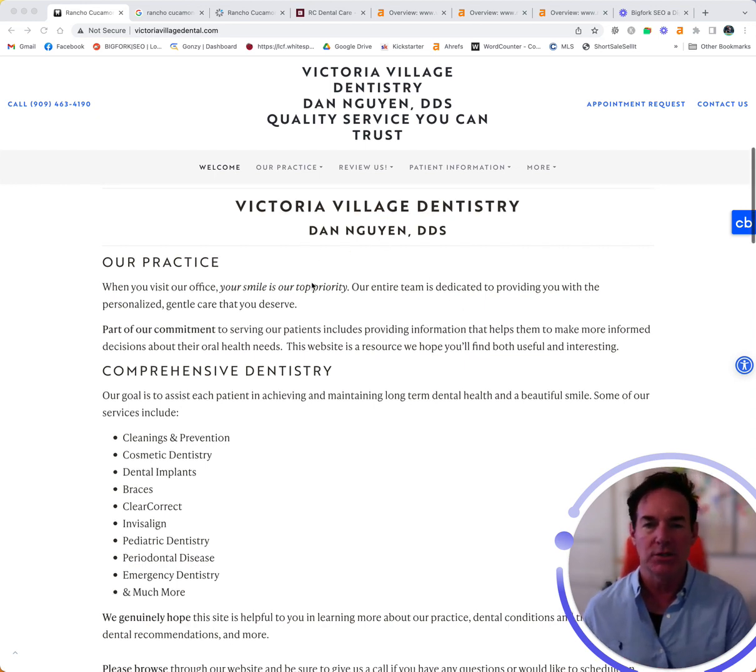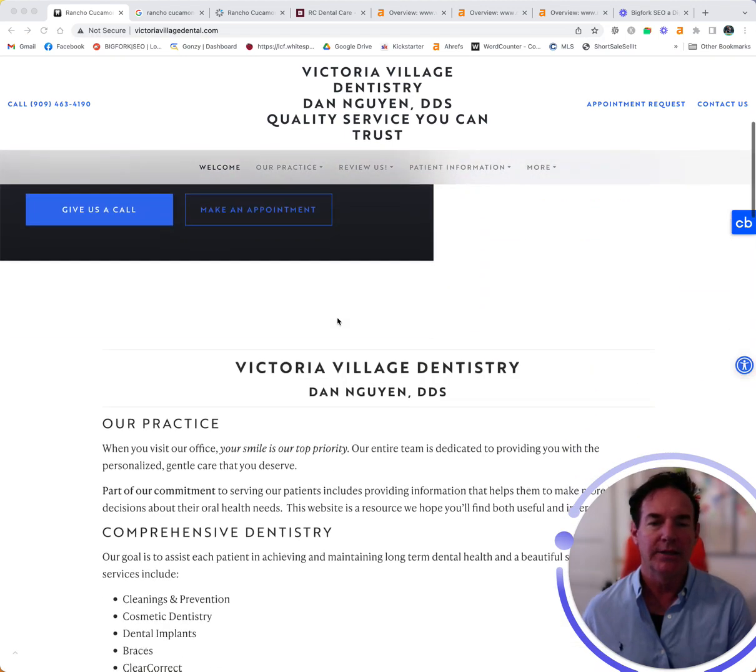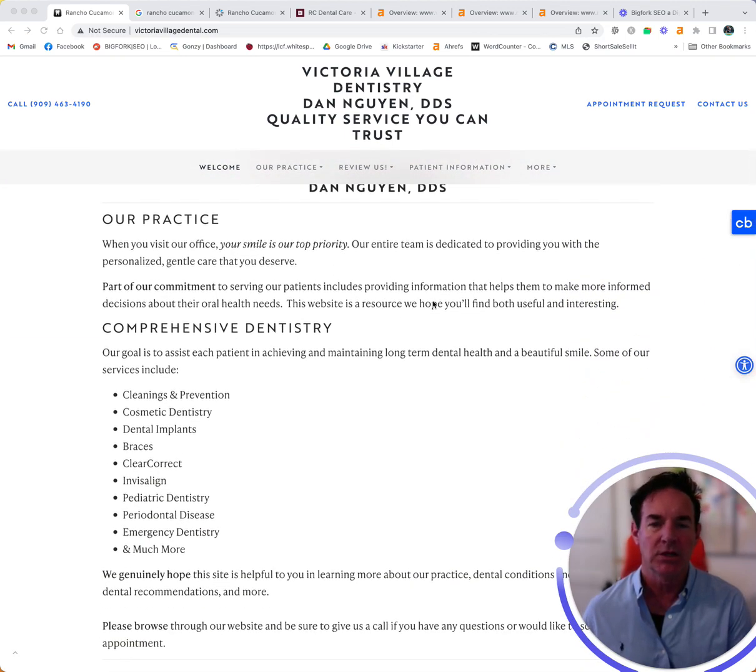To give you an idea, typically Google would like to see about 1,500 words on the home page. This is your home page. Google would like to see about 1,500 words of content on your home page, but not just words, blah blah blah. They want specific words as to the types of services that you offer your patients. Crowns, bridges, veneers, whatever you're offering to your patients.